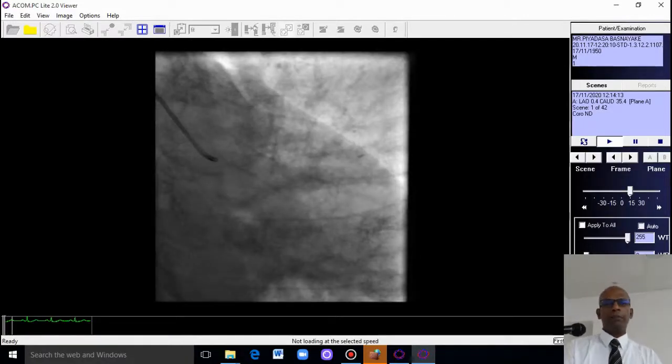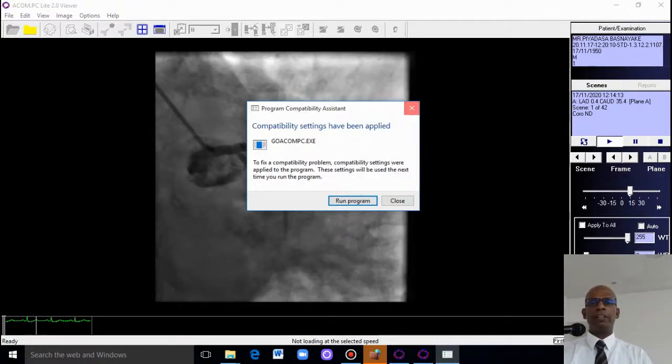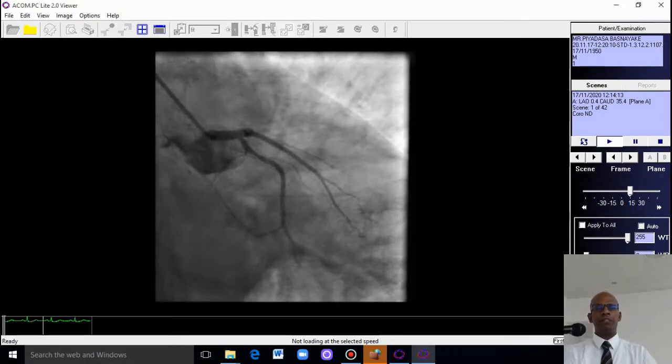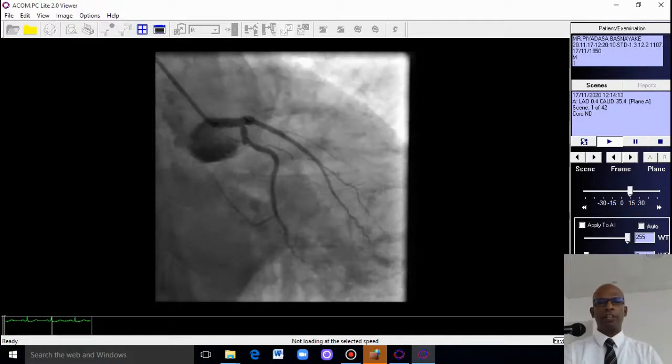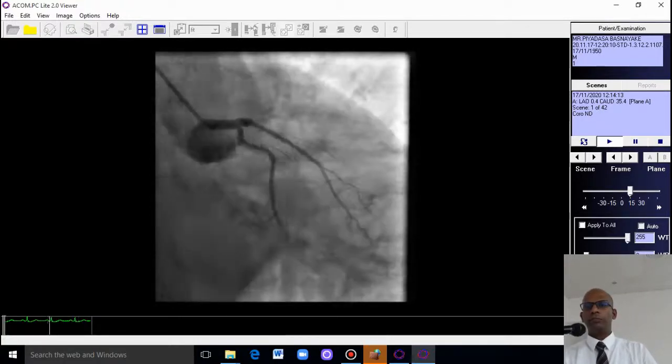This is another patient who presented with chest pain with ST elevation in the anterior leads. This is the first angiogram when we did it.